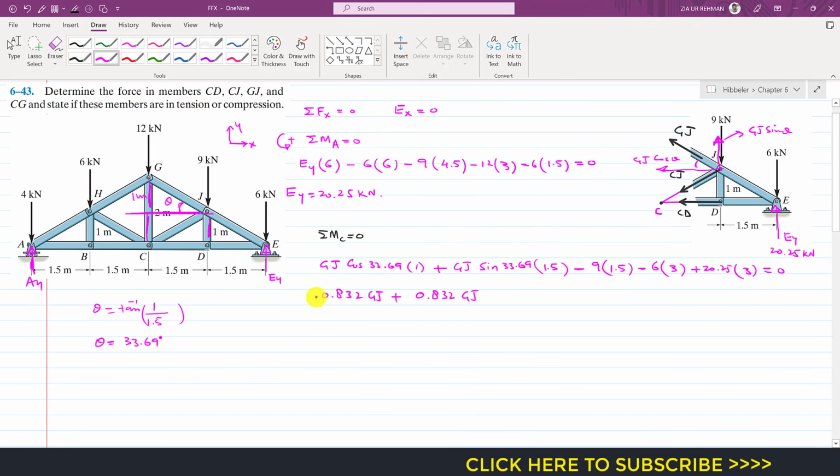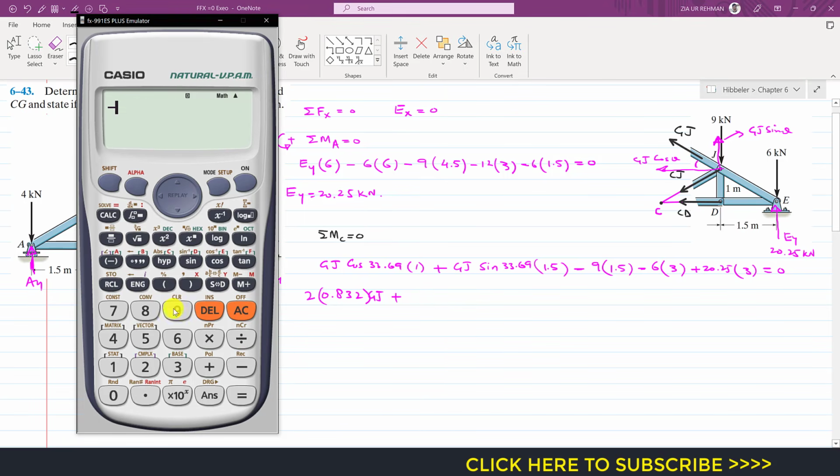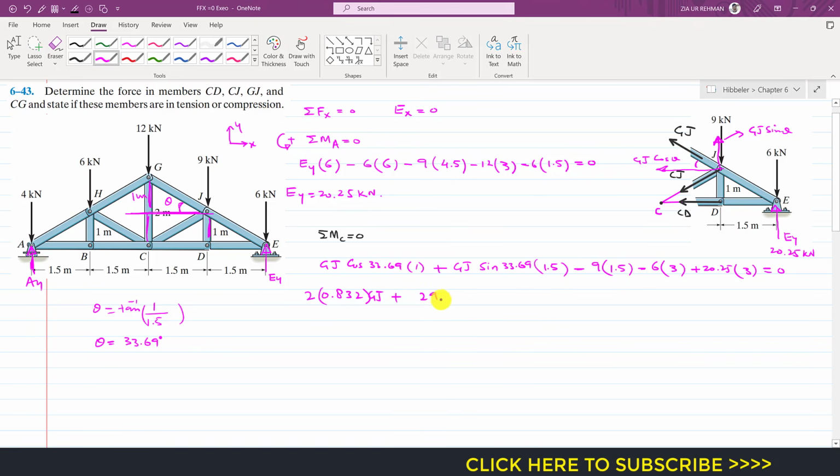If we add up both of these, this will become 2 times 0.832 GJ. And similarly, we can simplify this. So this is minus 9 into 1.5, minus 6 into 3, and plus 20.25 into 3. So this gives us 29.25, and this is equal to 0.